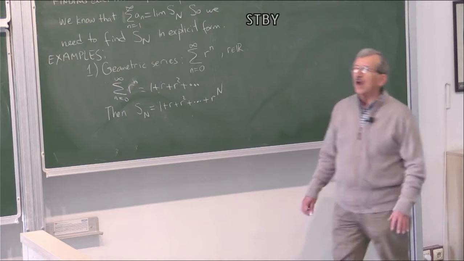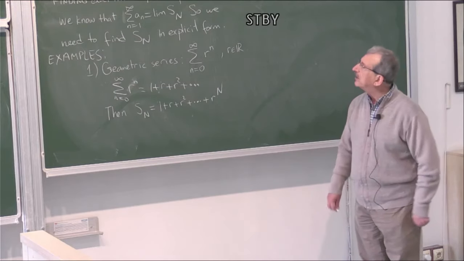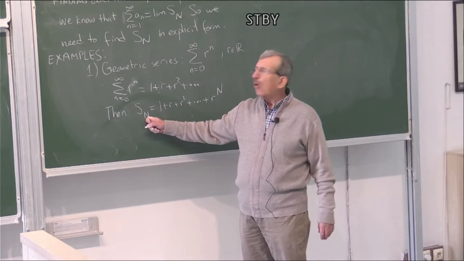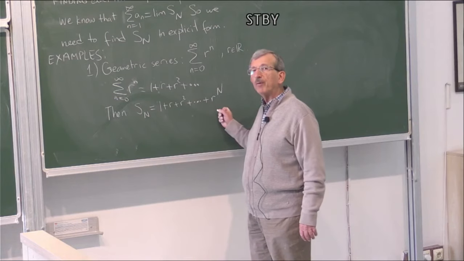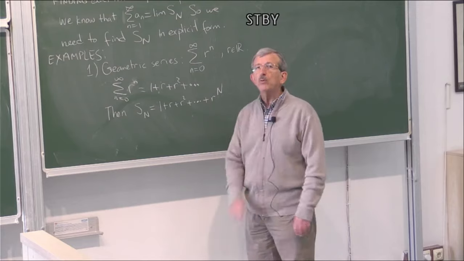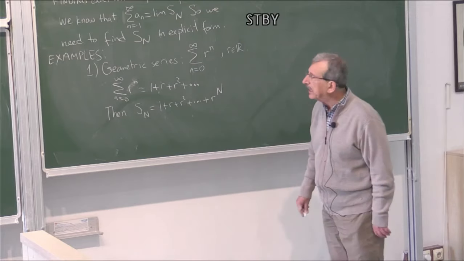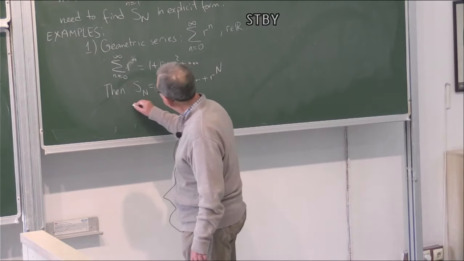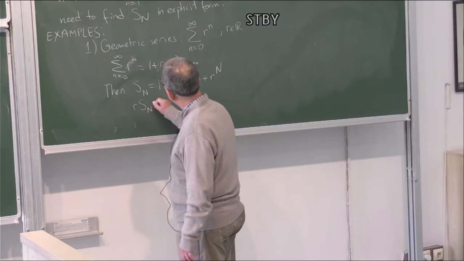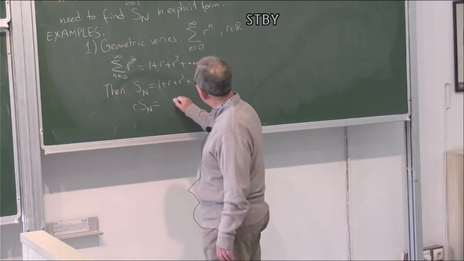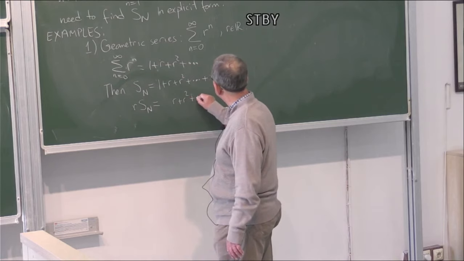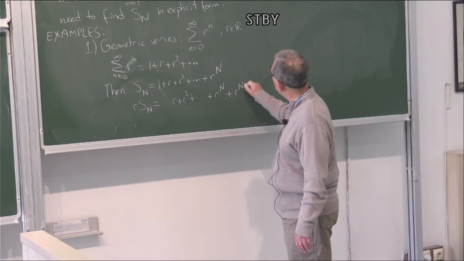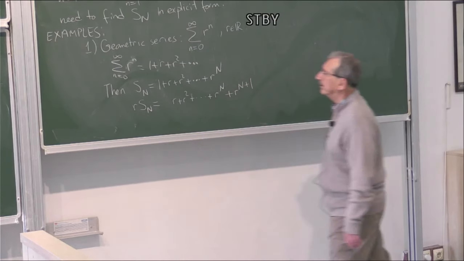Okay, you can modify it in any way you like. If you have a difficulty with the indices here, always look at the open form. The open form will guide you to a correct calculation. Okay, the argument is multiplying this with r. You have r plus r squared plus r to the n, and finally r to the n plus 1.